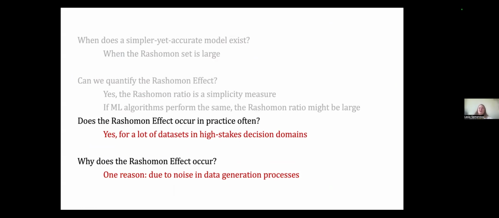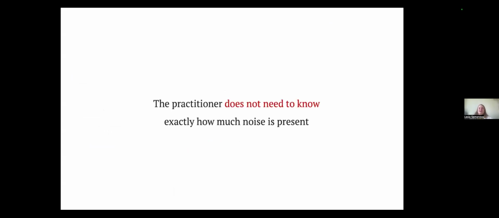Another interesting question is whether there is some quantification of how much noise needs to be present for me to consider simple models. And we are working on that, but I also wanted to make the point that we don't necessarily need to know how much noise is present.